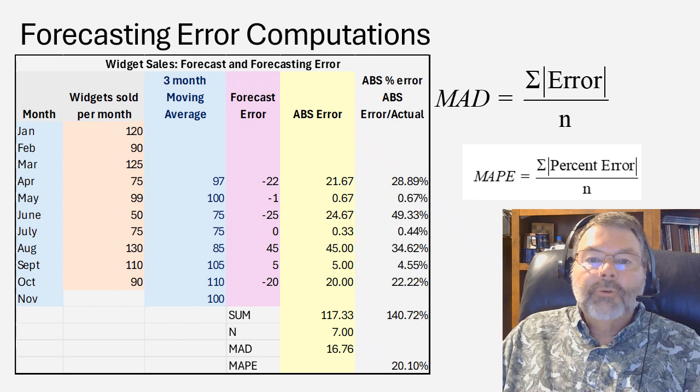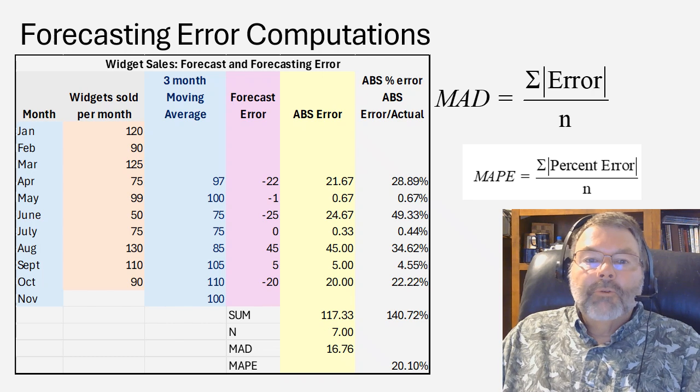All right, we can also compute the percentage error. In other words, what is the percentage of error between the 22 and the 75 that we sold? We ended up with 28.89% for April, a very small percentage for May, and so on.